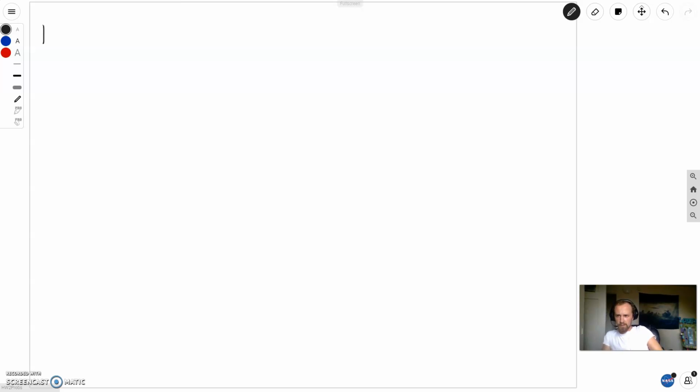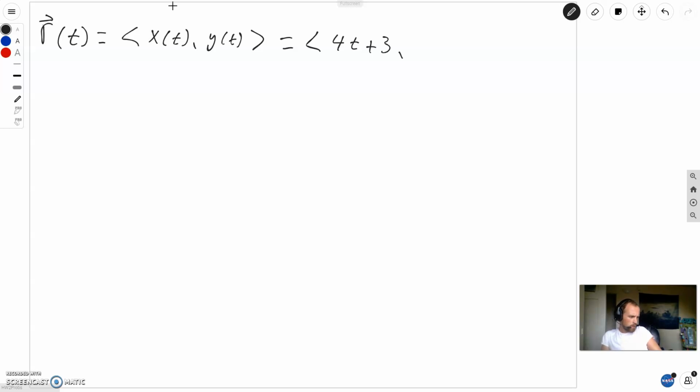Let me start by writing down my vector, r of t. This r of t is usually used to represent the position of something. So this is really x of t and y of t. And what do we got? We got 4t plus 3, comma, 6t squared minus 7.